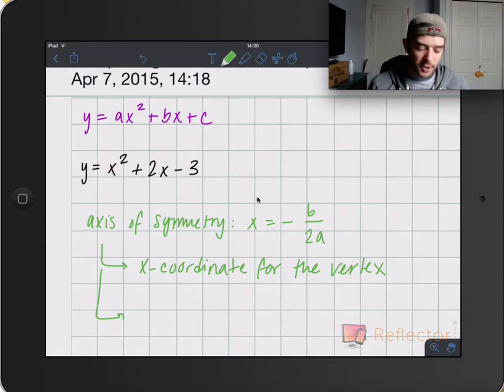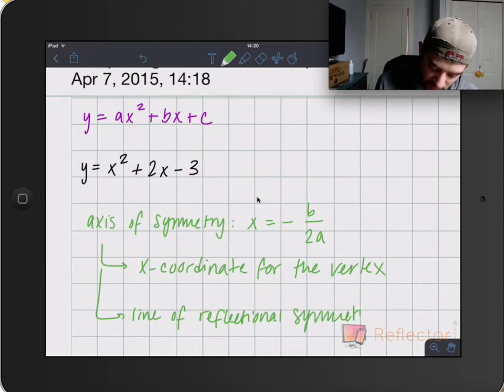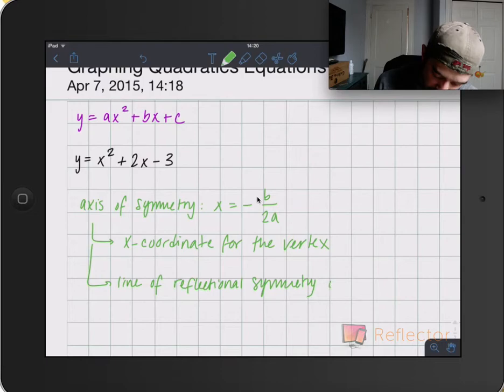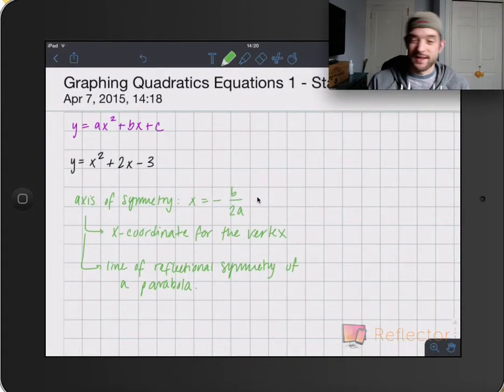The other purpose of the axis of symmetry, and we're only going to see this after we graph it, is it's the line of reflectional symmetry of a parabola. And as I said, we're going to see that after we graph it.